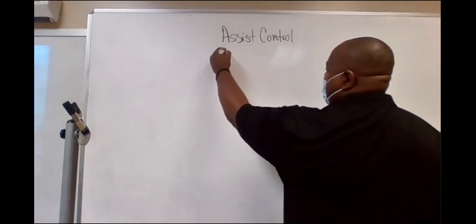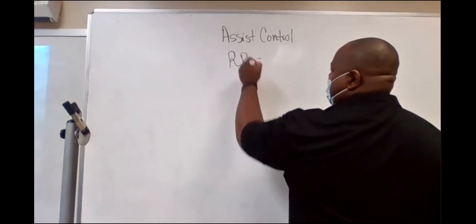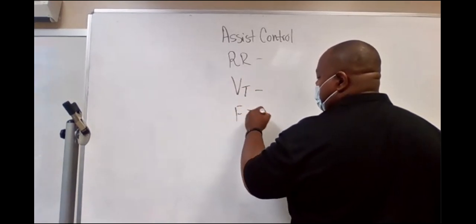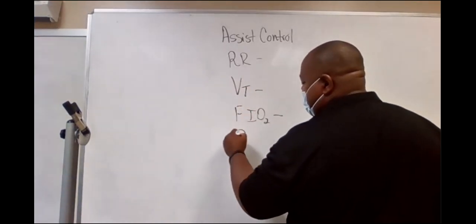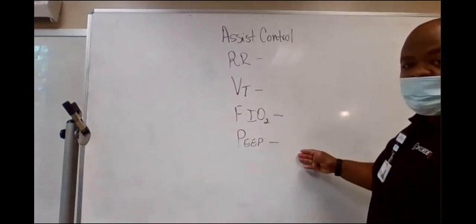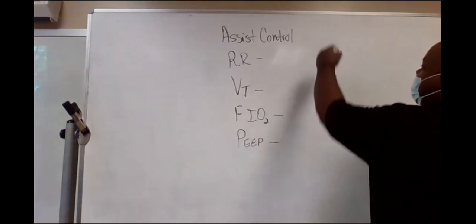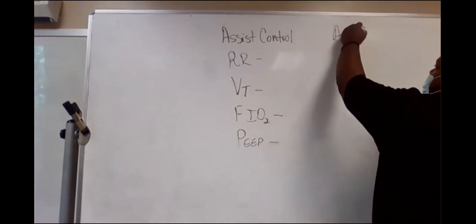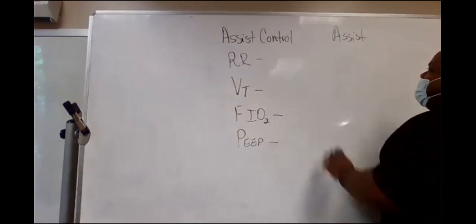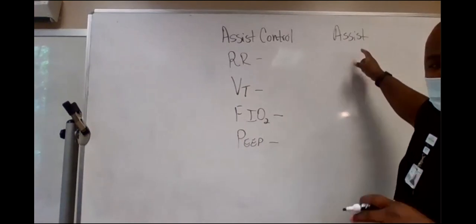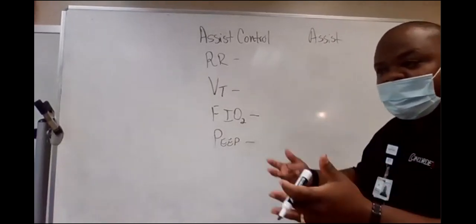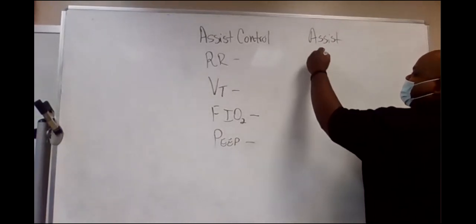Assist control would give a respiratory rate, a tidal volume, an FiO2, and a PEEP. Okay, those are the things we give with assist control. In assist mode, it's only a respiratory. We don't give anything, matter of fact. In assist mode, that's what we use for IPPB, right? You don't give them a rate, you're not giving them a volume. The only thing we do is set a pressure.